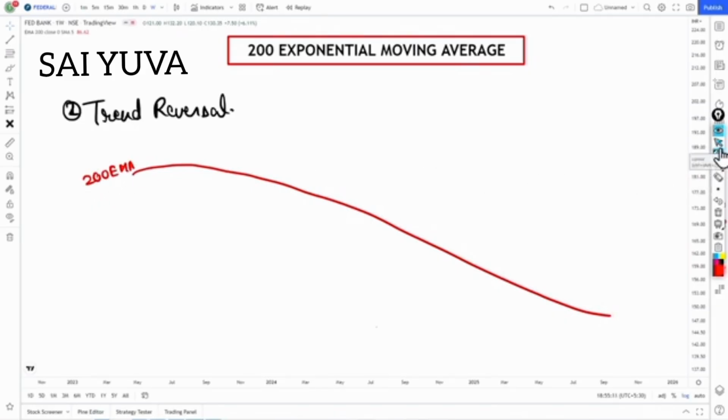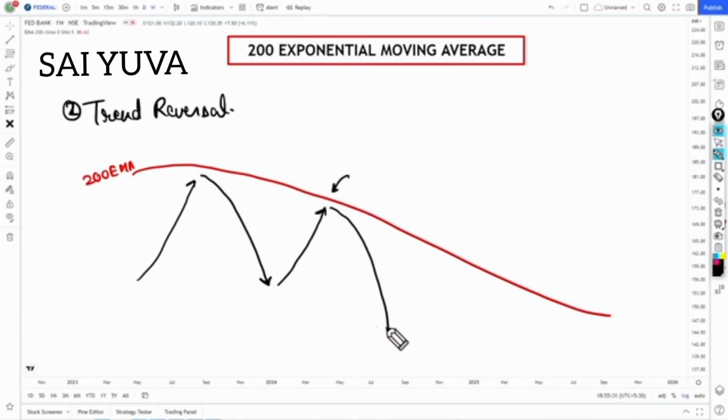The second case is trend reversal. There will be some cases for trend reversal. Watch them carefully. First of all, the 200 moving average will be declining. If the 200 moving average is declining, then you have to trade for trend reversal. Let's talk about how to do it.